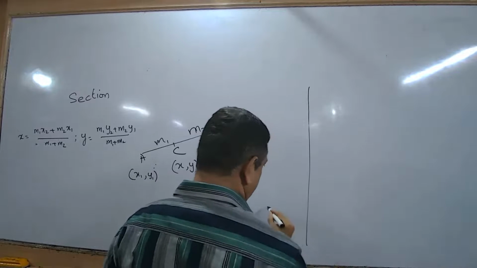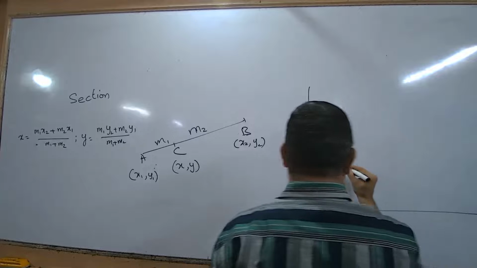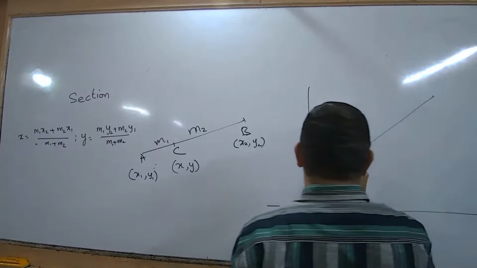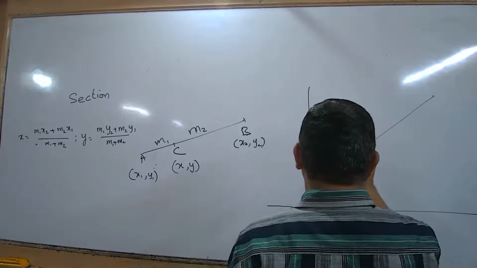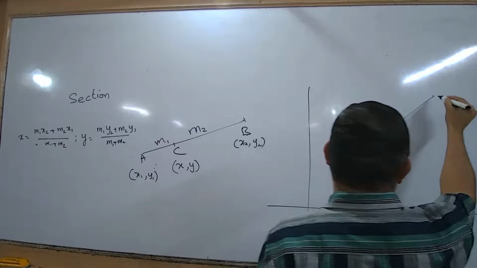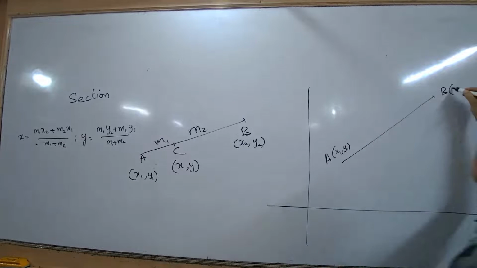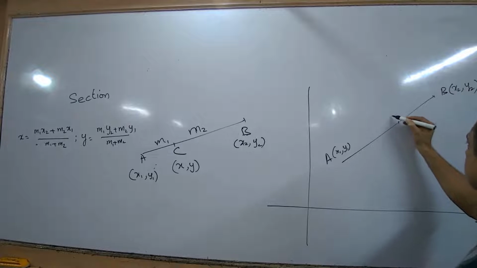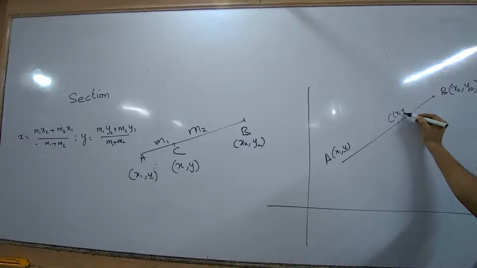Look here. Let's say this is A, whose coordinate is x1, y1. B coordinate is x2, y2. C divides AB, and let's say C is this point whose coordinate is x comma y.